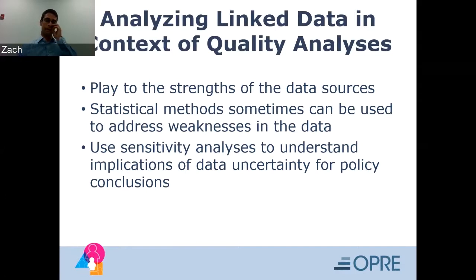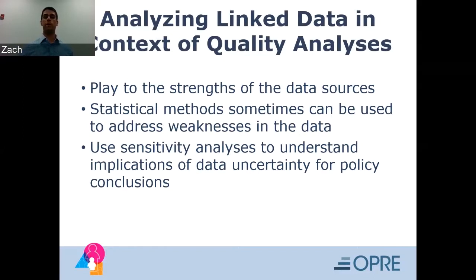So I think your range of options is really to limit your analysis to where the data quality is strongest. Recognize you have two different data sources and different strengths in terms of what they measure. The administrative data source may be really strong where you have the data available, but you can't use that in other areas. And then use statistical adjustment, imputation, and weighting to compensate for the weaknesses.